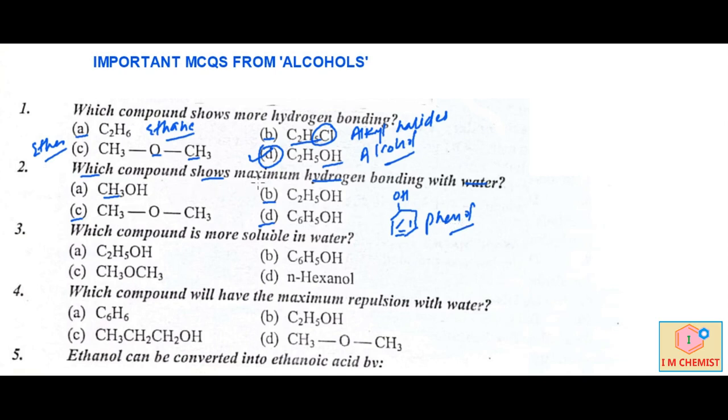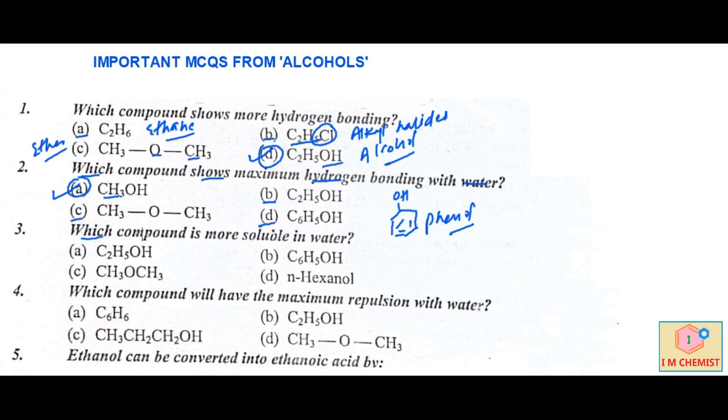The MCQ is asking which compound will show maximum hydrogen bonding. So the right option would be option number A. Methanol has the maximum ability to form hydrogen bonding with water, and as the chain length increases, the ability to make hydrogen bonding with water decreases. Hence the right option would be option number A.